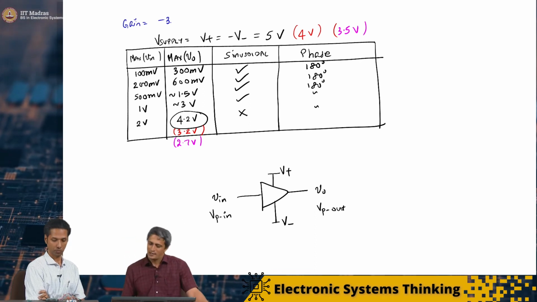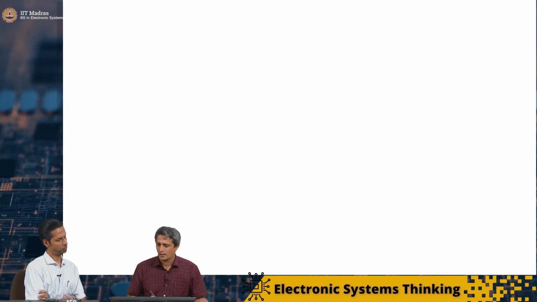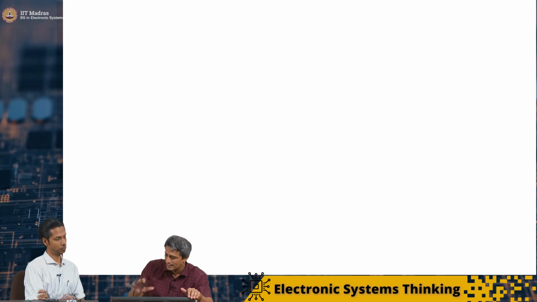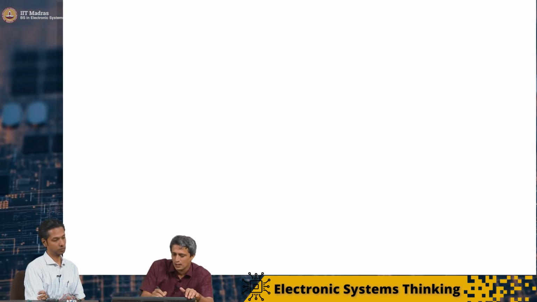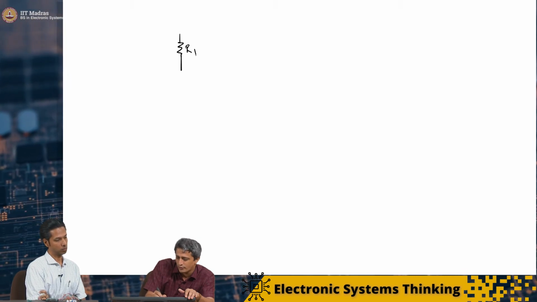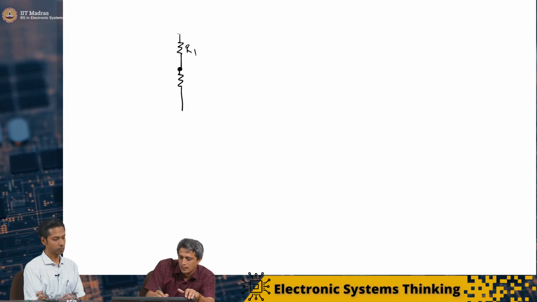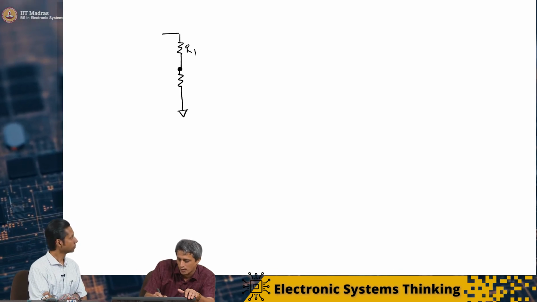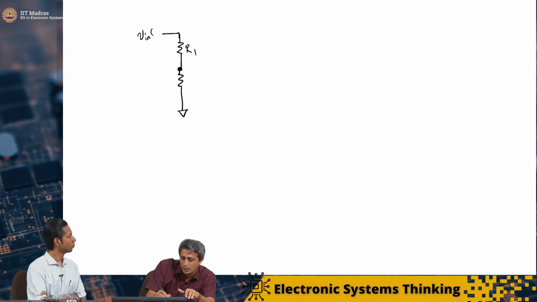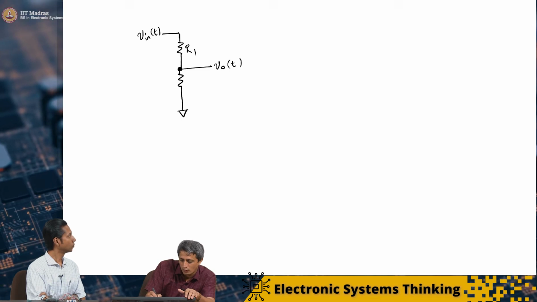Understood. Now let's go to another interesting thing, before we analyze why this is the case. Let's first look at a simple voltage divider. I have an input here, a ground, and I'm applying V in of t, and I'm taking V out of t here.